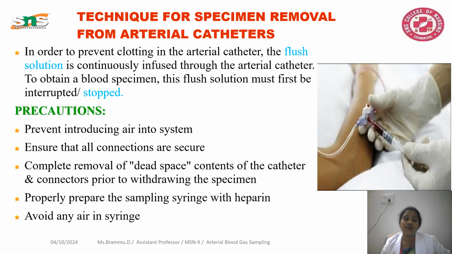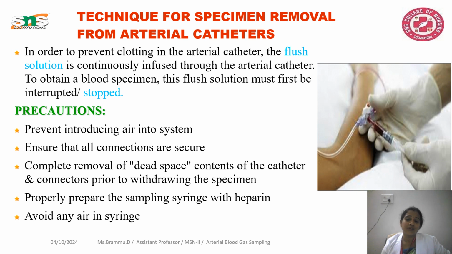And we always need to account for some dead space, because you have the connection ports, that is the three-way, and on the three-way, that small opening of the hub, there is a high chance of dead space.